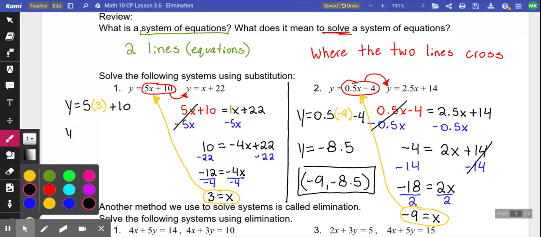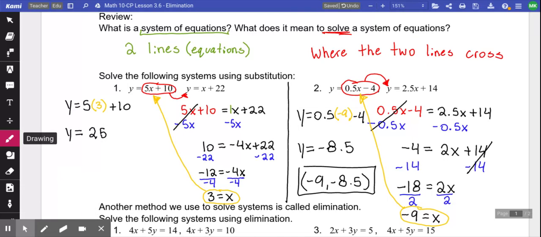If I put that in my calculator, 5 times 3 is 15, plus 10 is 25. Giving me an answer of 3, 25. That's substitution.